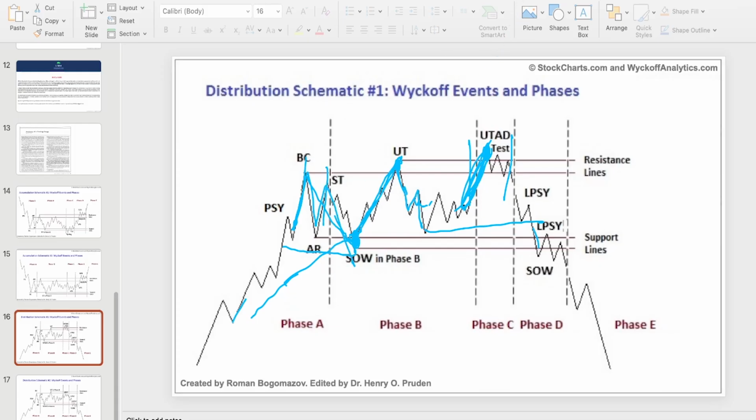So our first change of character is this, and then our second change of character is this. So we're going to have a change of character to a sign of weakness, and then we're going to have another change of character to a major sign of weakness in phase D, which is going to confirm to us that we're in phase D of reaccumulation.